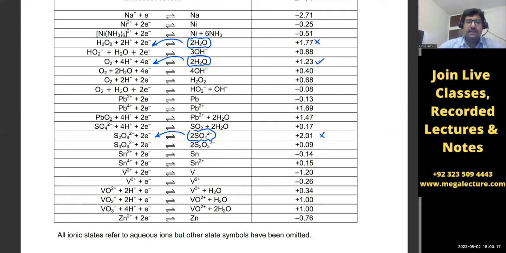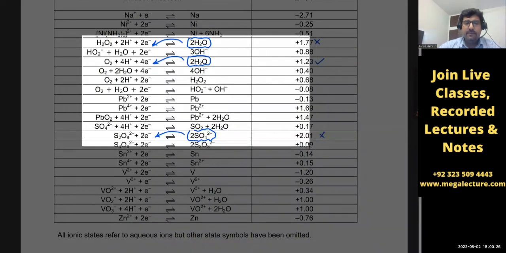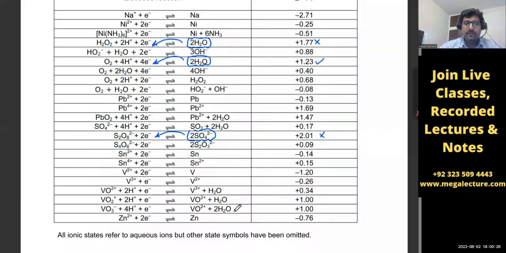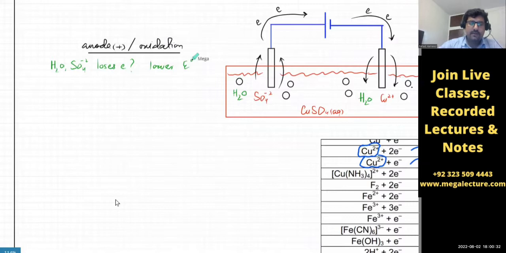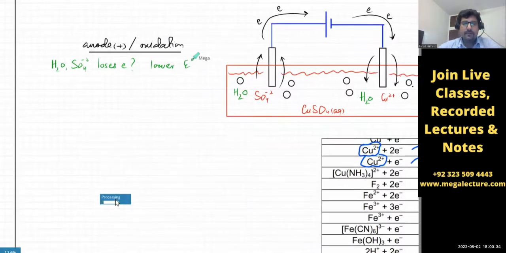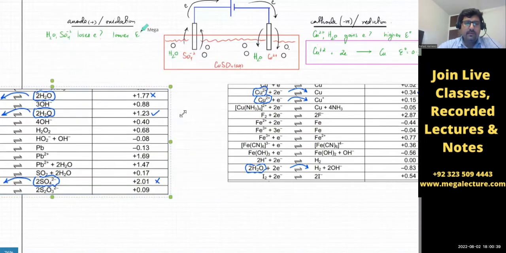So out of these three equations, I had three options: two options for water losing electrons and one option for SO4 minus 2 losing electrons. Let me copy this here too. This will be my working on the data booklet itself.